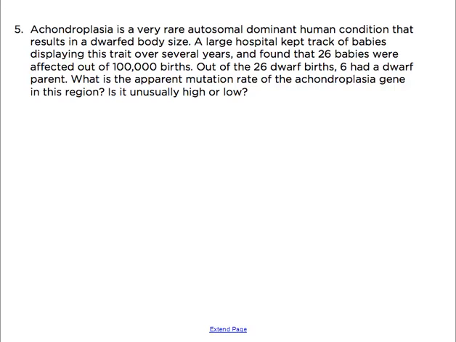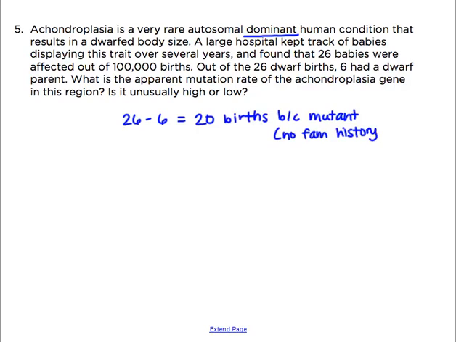So it's saying that out of the 26 births that had this condition, 6 of them had a dwarf parent. Now, because this is a dominant human condition, that means that 26 minus 6, or 20 of these births, happened through mutation. And that's because they had no family history. Okay?